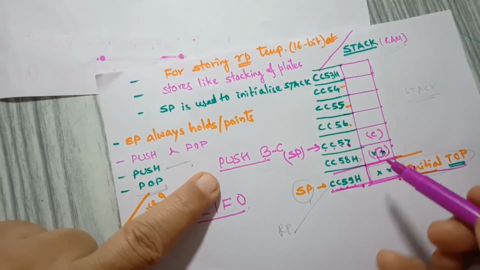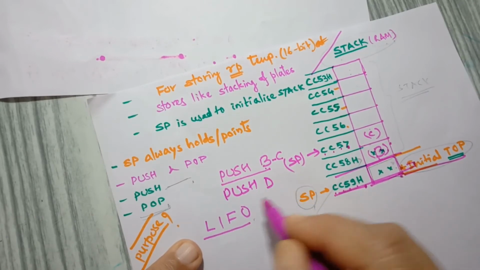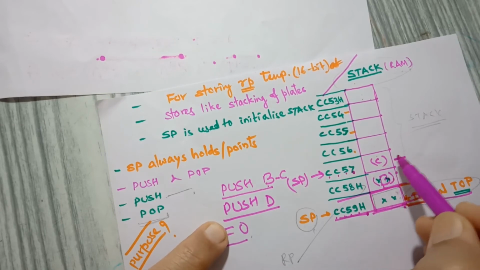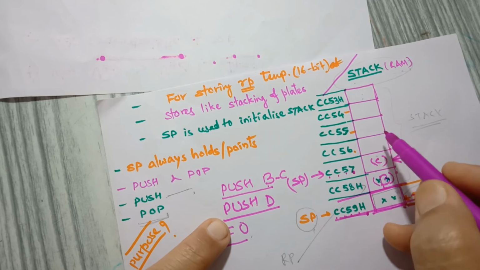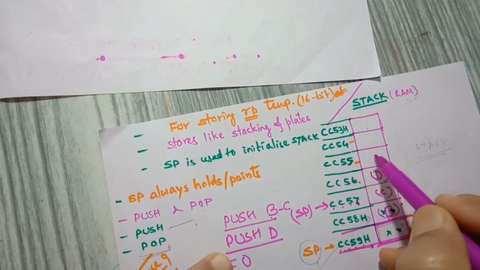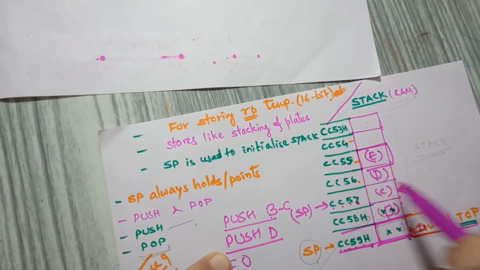Then if you want to push another register, say for example D, push D. In this case, now the stack top is this. First the contents of D register will be pushed, and then E register will be pushed. See that the location of RAM is always 8-bit, and we are storing 16-bit.